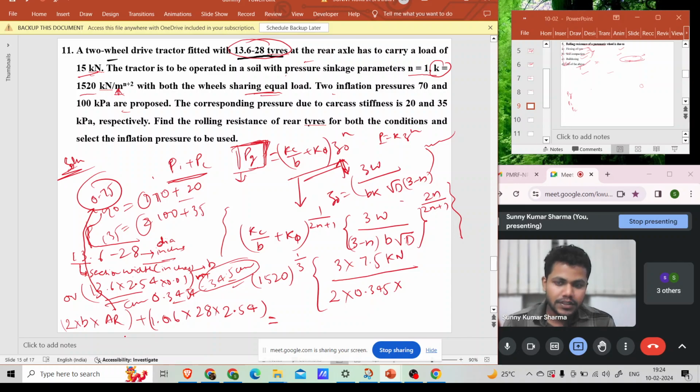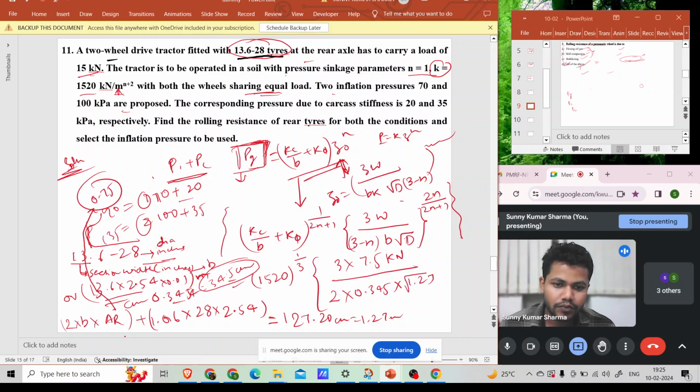Generally, it is given on the tire. For radial, it is generally given. For bias ply, it may or may not be given. Sir, I got it as 127.20 centimeter. This is 1.27 meter, right?